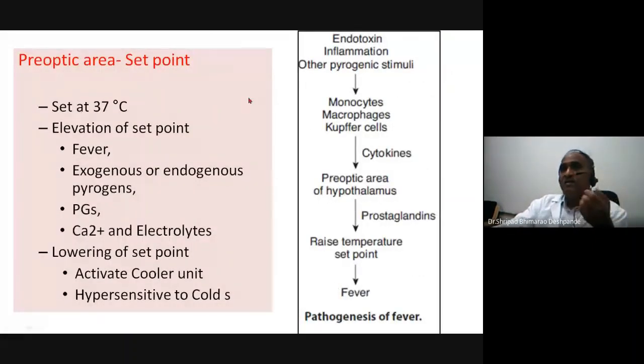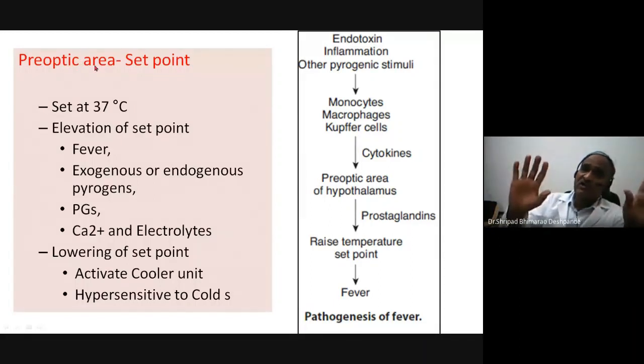Now, coming back here, we are looking at a point. What is the preoptic area and the set point in this preoptic area? Normally our body temperature is set at 37 degrees Celsius, which is happening at the preoptic area. It is like a thermostat unit which works in the heating geyser in our bathroom. In the bathroom, what happens?